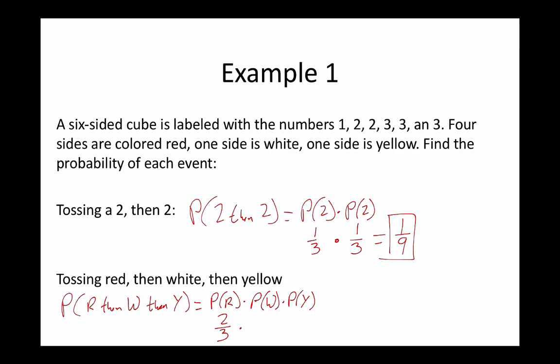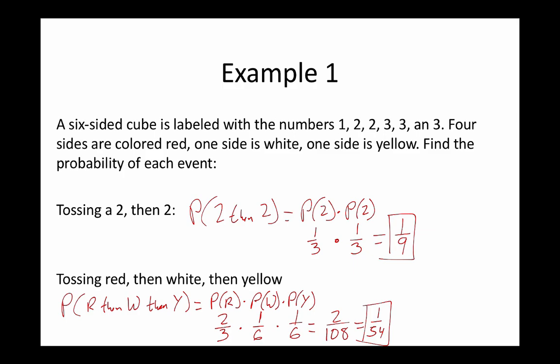There's only 1 out of the 6 sides that's white, and 1 out of the 6 sides that's yellow. So it's 2/3 times 1/6 times 1/6. For our numerator, we got 2 times 1 times 1, that's 2. In our denominator, we got 3 times 6 times 6, that's 108. We can reduce that by dividing both by 2, and we end up with 1/54. So there's a 1 out of 54 chance that that specific order will happen.